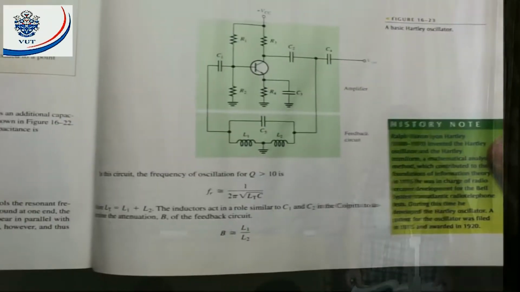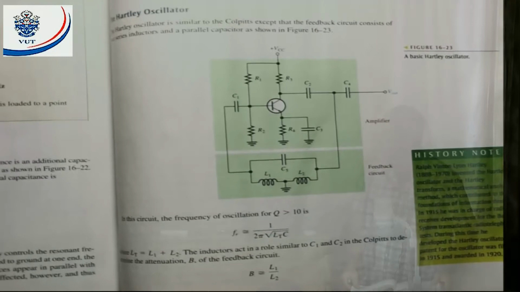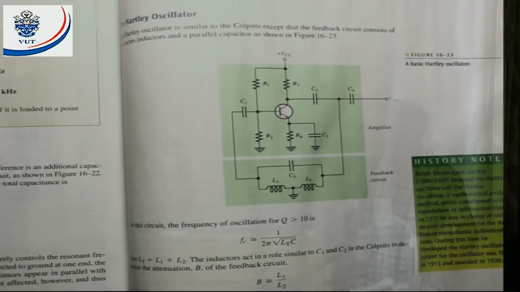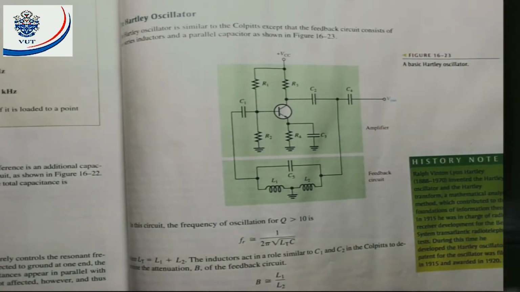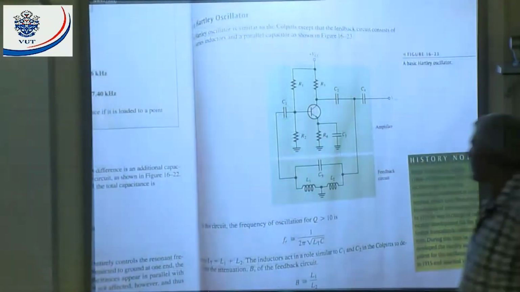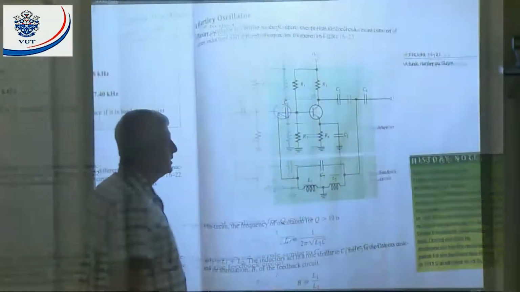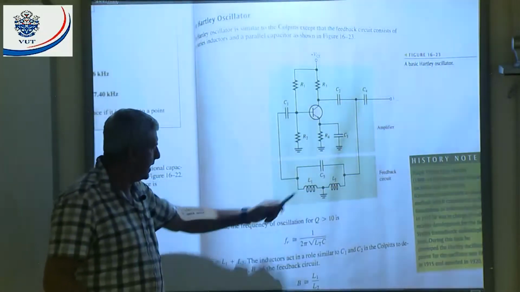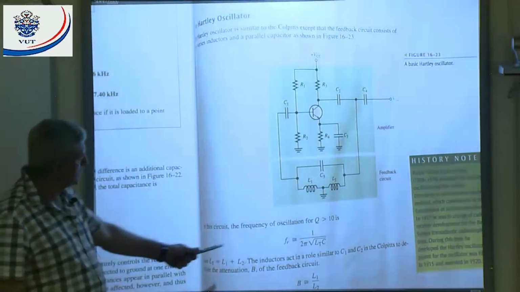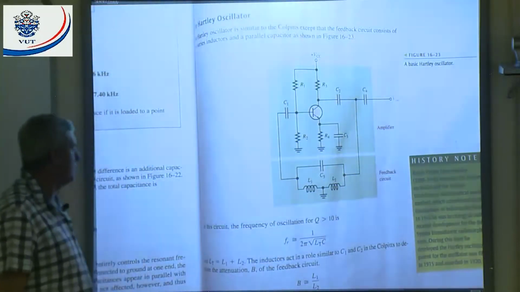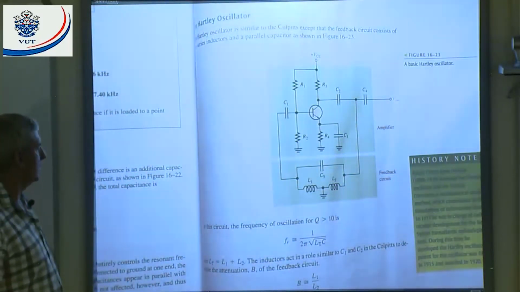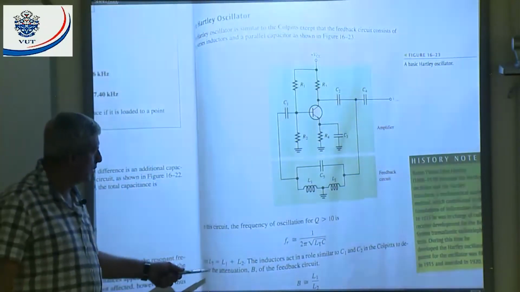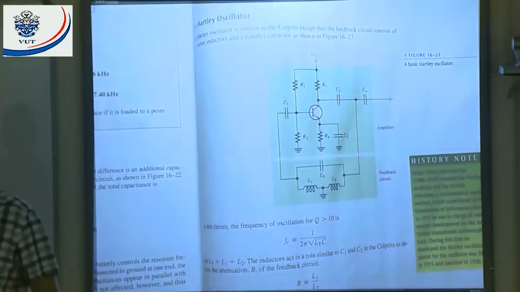Then we go to the next one, the Hartley oscillator. As I already mentioned previously, in the case of the Hartley oscillator we have one capacitor and two inductors, or two coils. Here is my resonant frequency, 1 upon 2 pi square root of L total times C. My total inductance is determined by adding L1 and L2.